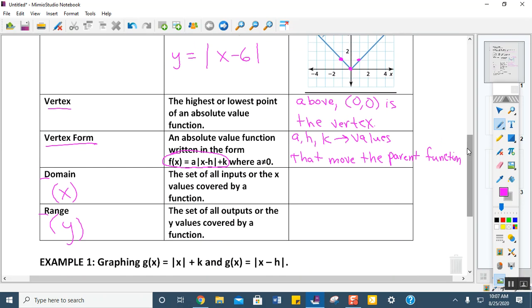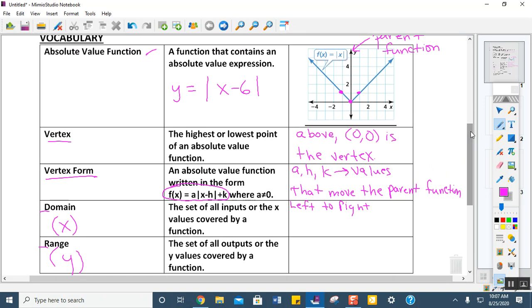If you can think of domain as working left to right. Above, if I would look at the graph of my parent function, I would say, well, if I look at this graph from left to right, this graph is continuing to widen out in both directions. So I would say all values of x down here are covered.